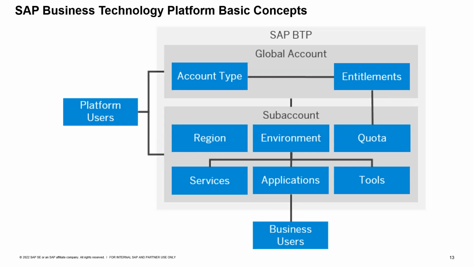SAP BTP offers fast in-memory processing, sustainable agile solutions, and services to integrate data and extend applications, and fully embedded analytics and intelligent technologies. So services basically enable, facilitate, or accelerate the development of business applications and other platform services on SAP BTP.